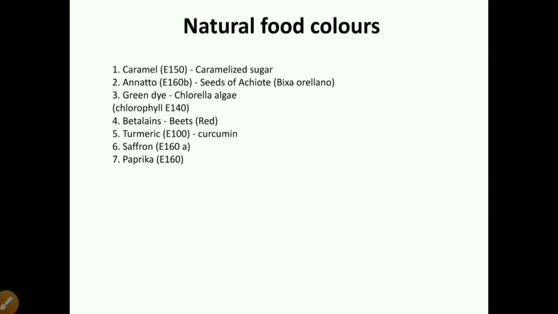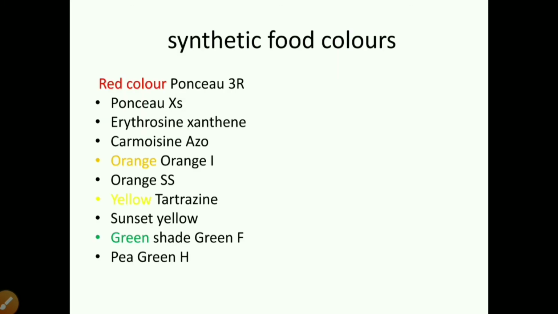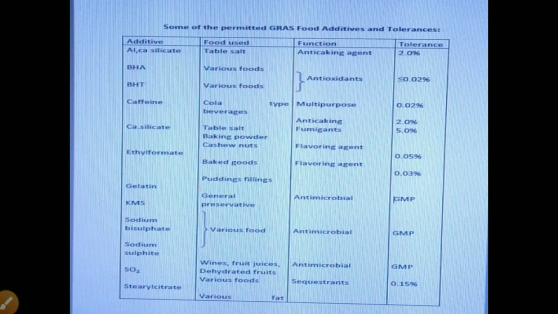Annatto is found in Bixa orellana seeds. Betalains found in beetroot, turmeric, curcumin, saffron, and paprika. These are some of the natural food colors, and these are synthetic food colors. Red color, Ponceau, erythrosine, carmoisine, orange, yellow tartrazine, sunset yellow, green, and these are some of the food colors.